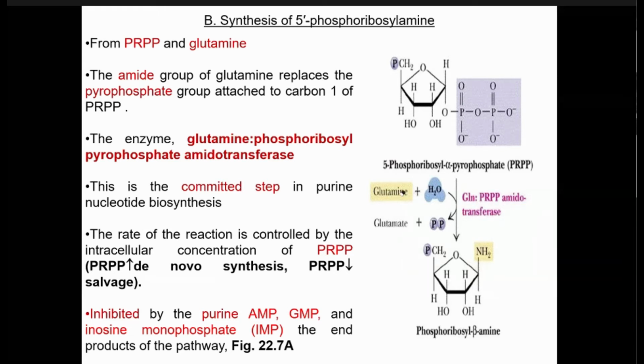It takes 1 amine, sorry, not 2, and puts it into the beta position here, and the glutamine becomes glutamate. And the end product is the 5'-phosphoribosylamine, or beta amine. You can ignore the beta. The nomenclature is the same for both.